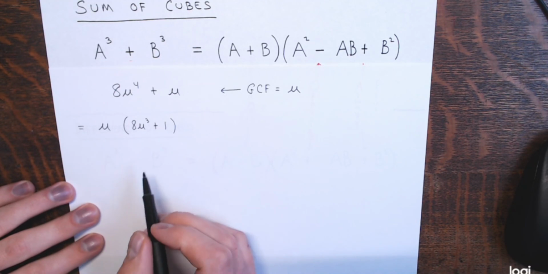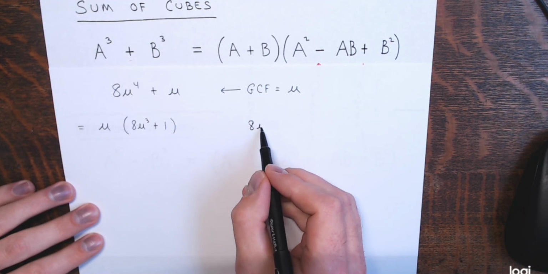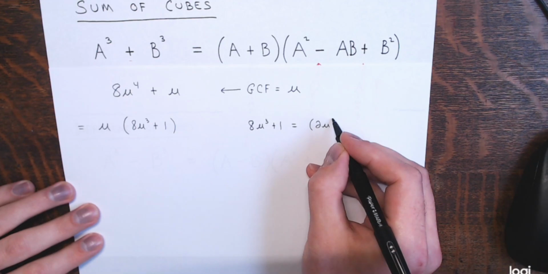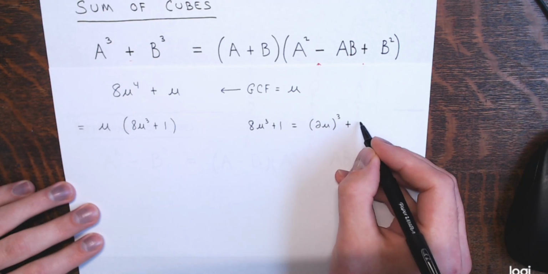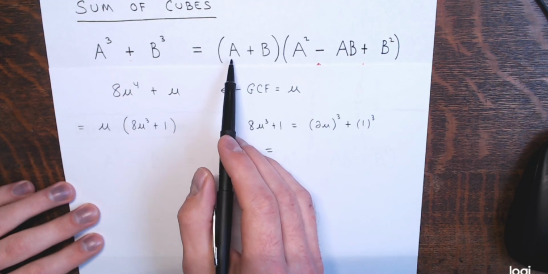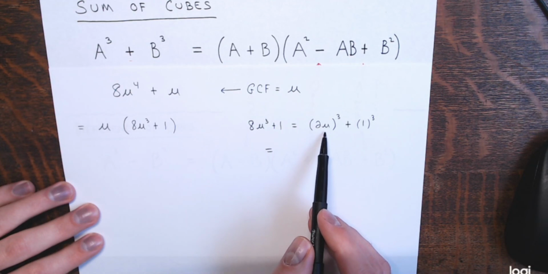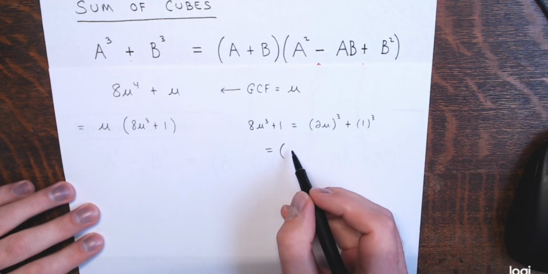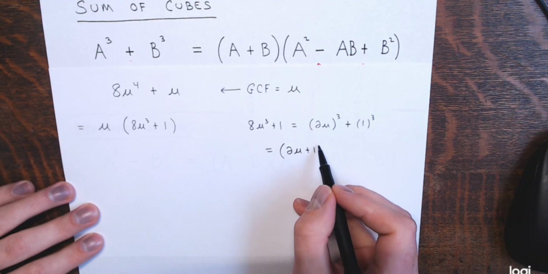This 8u cubed plus 1 is a sum of cubes: 2u to the third power plus 1 to the third power. Replacing all the a's with 2u and all the b's with 1, the first factor is just 2u plus 1.